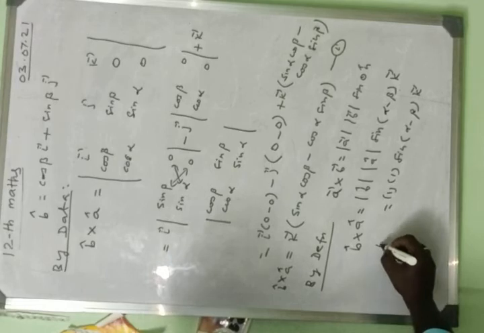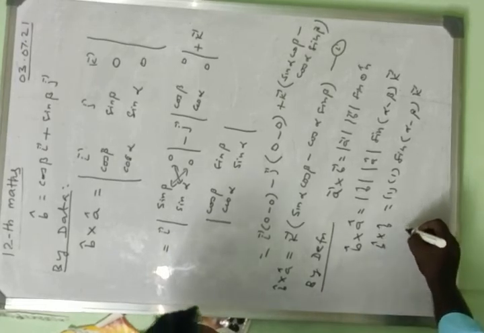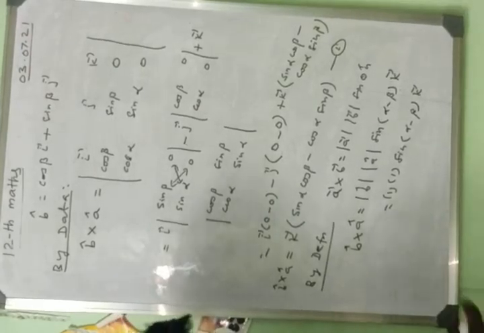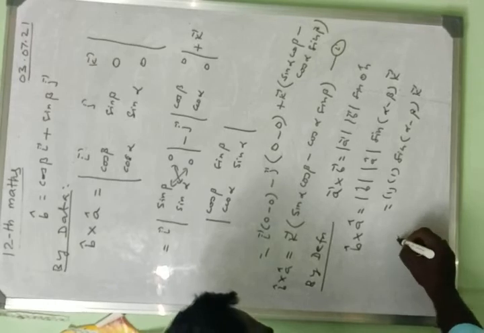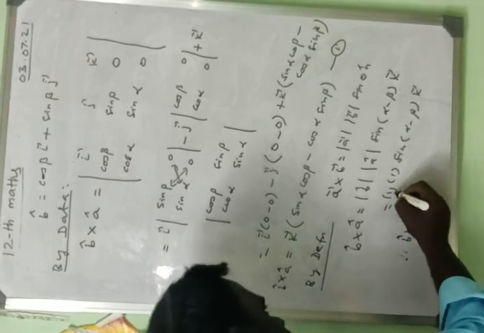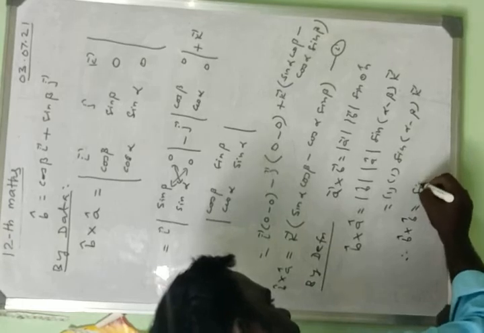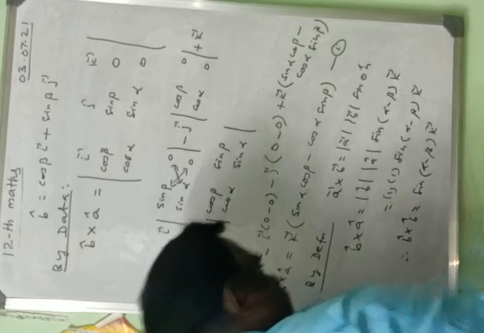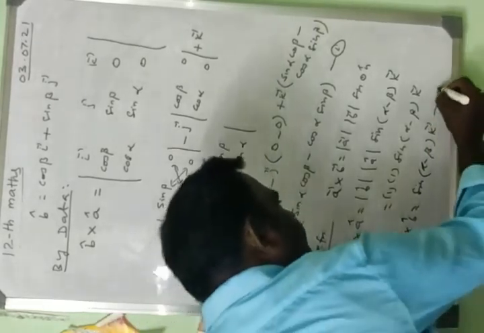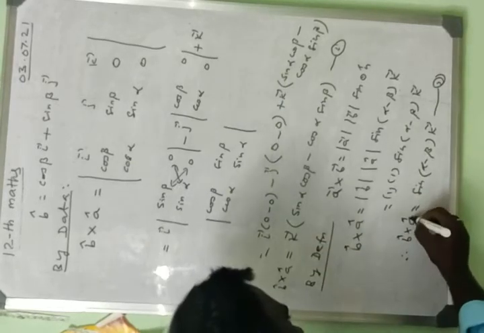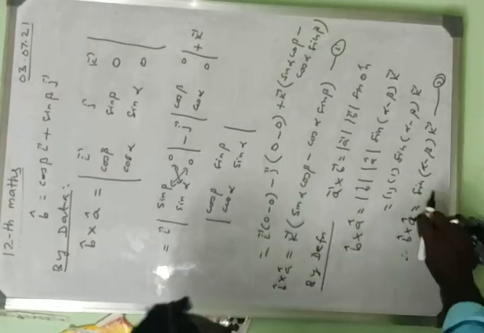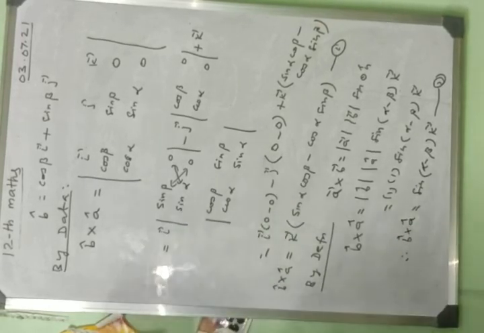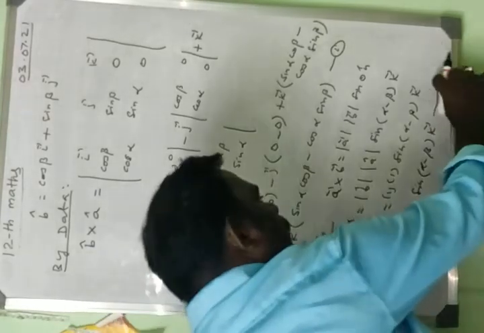Finally, cap B cross cap A equals 1 into 1 into sin alpha minus beta into vector k. This is equation number 2. Clearly written, cap B cross cap A.